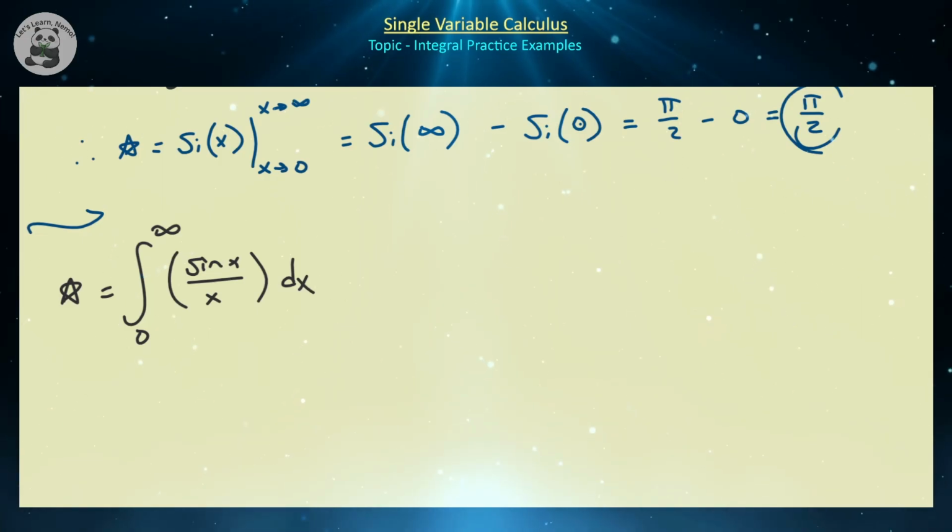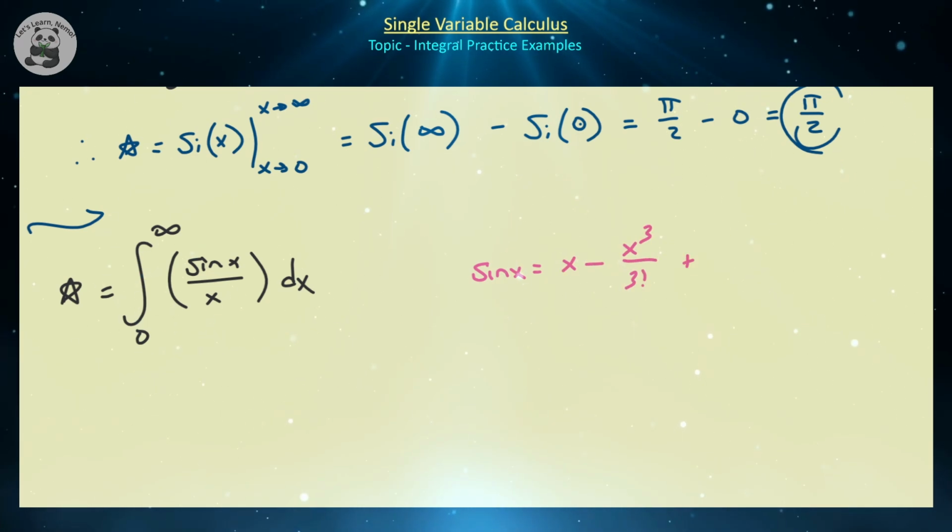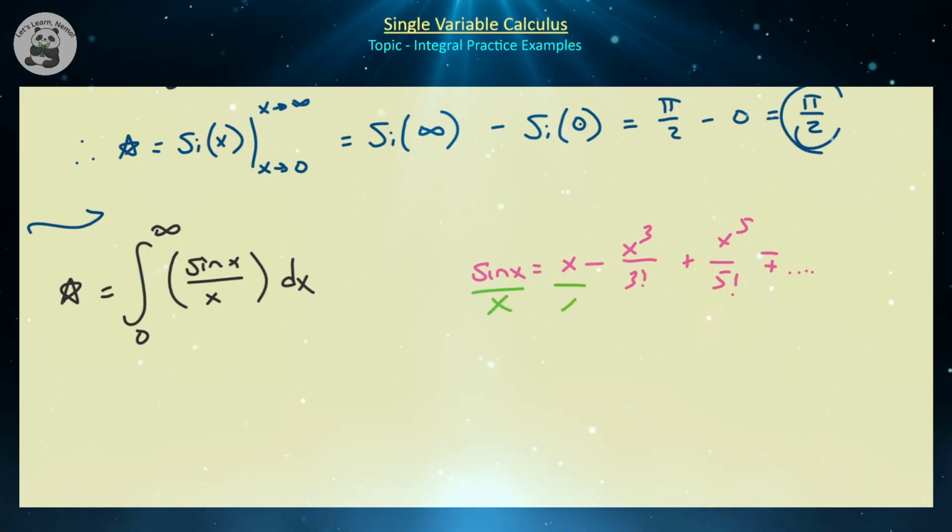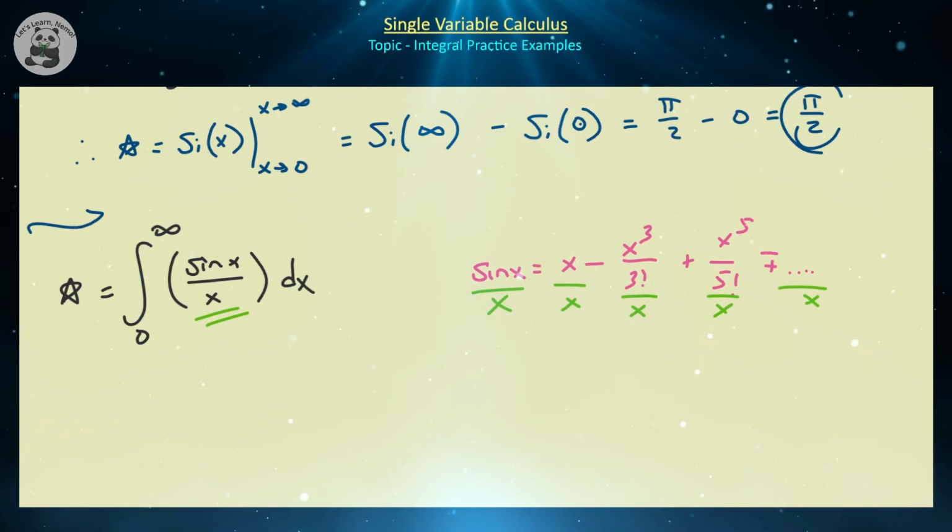If you know the Taylor series for sine, then you should know that sine of x is going to be equal to, let's write it in expanded form, x minus x cubed over 3 factorial plus x to the 5 over 5 factorial minus plus and so on. So what I'm going to do is divide everything by x, because I'm trying to build a Taylor series for that particular function.